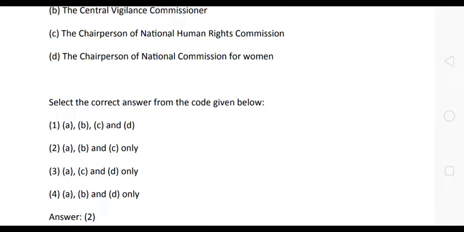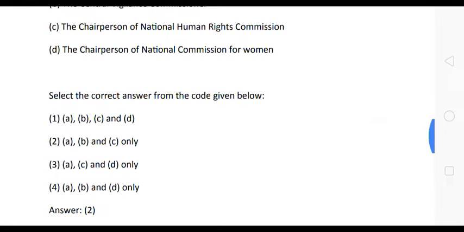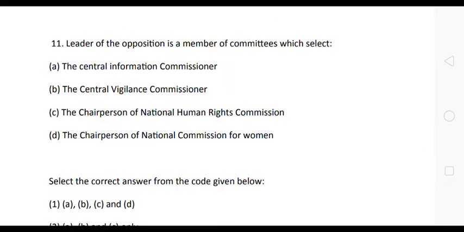Option A, B, and C is the correct answer. Option 2 is the correct answer. Here the correct answer is option 2, A, B, C. That means leader of the opposition is a member of the committees that select the Central Information Commissioner, the Central Vigilance Commissioner, and the Chairperson of National Human Rights Commission.